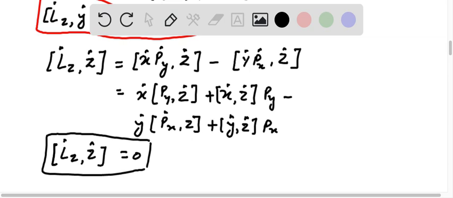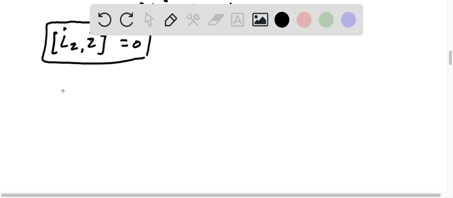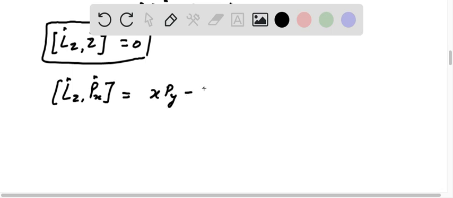Now in the next part we have to go to Lz with px, that is [x py - y px, px].